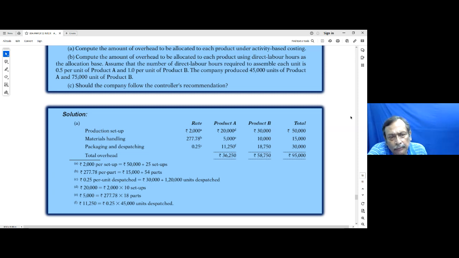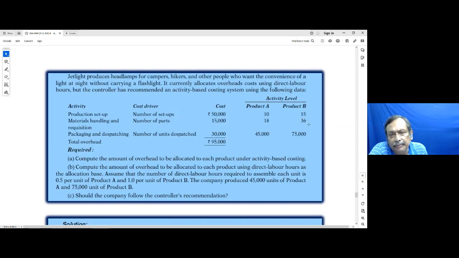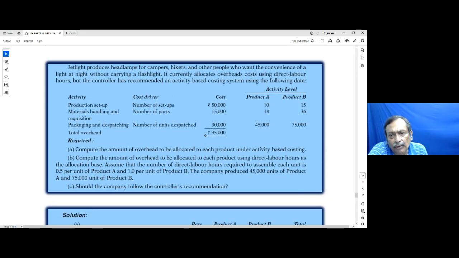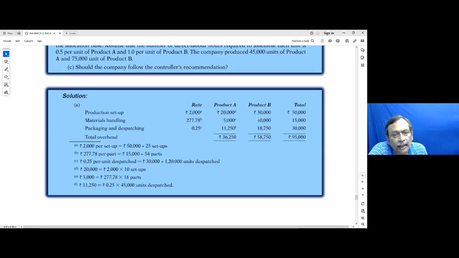The first one is production setup. How do you get the rate? The rate comes to 2,000 per setup. That is 50,000 divided by 25 setups, because 10 plus 15 total comes to 25.